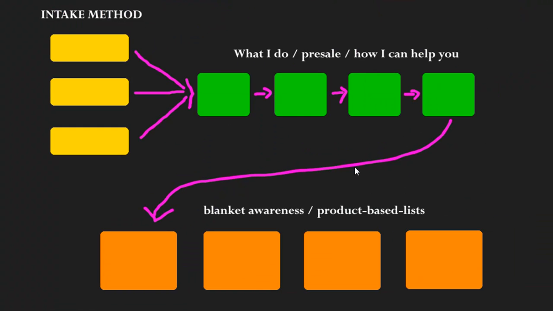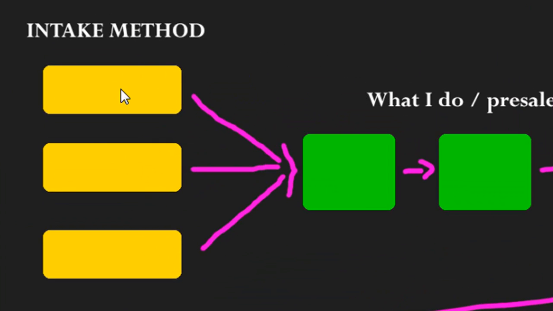What's going on with this graph is this is how somebody comes into our system and our awareness, and the intake methods here would look like met in person. Now you can have any number of intake methods. In this example that I'm about to show you, the intake method is a mini list, and what it does is it sends out really just one message, but it's contextually specific.